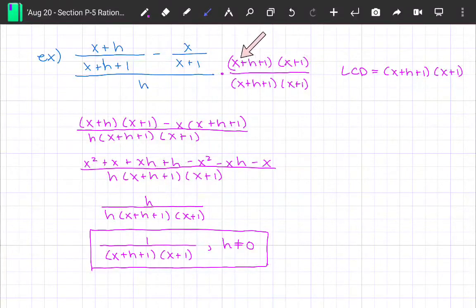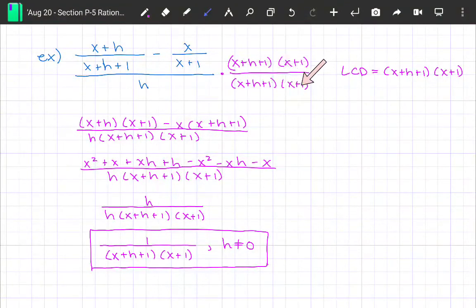So when this LCD distributes to the first fraction, the x plus h plus 1's cancel, but I still have an x plus h, and I still have an x plus 1. And then in the second fraction, the x plus 1's cancel, but I still have an x, and I still have an x plus h plus 1.